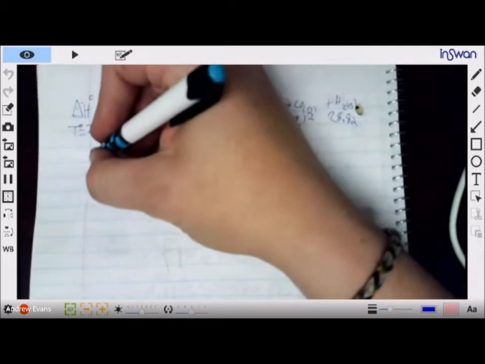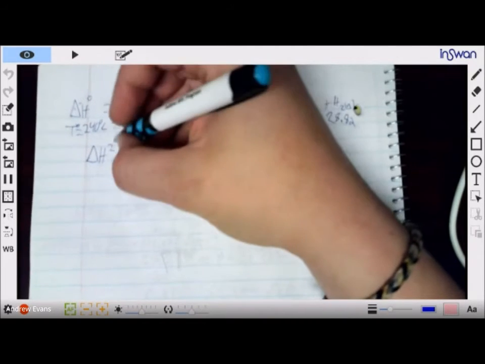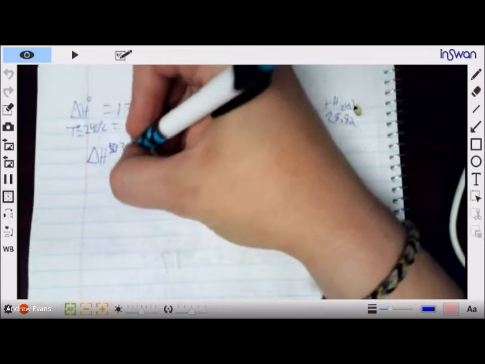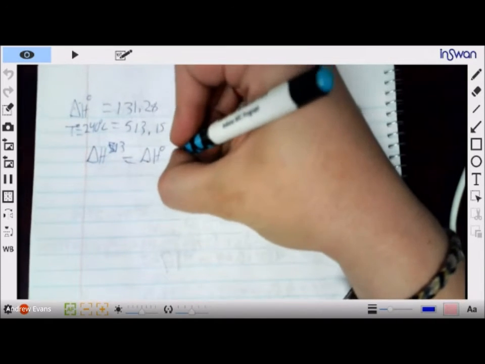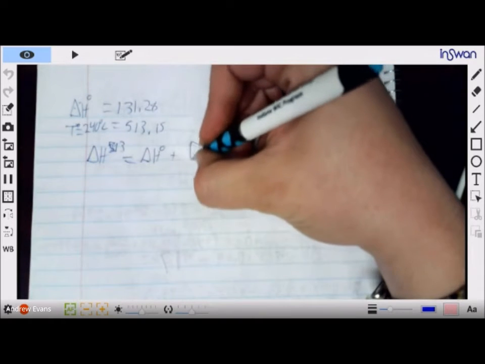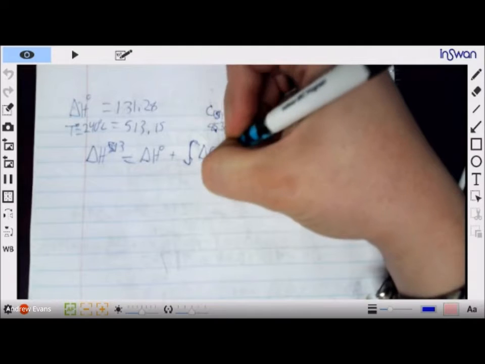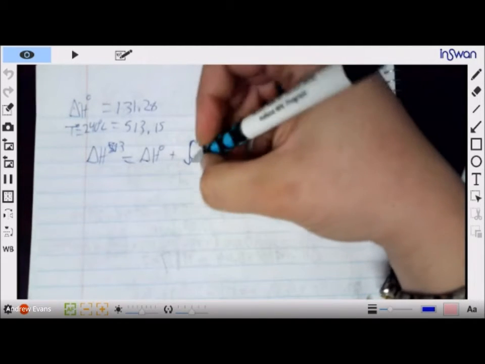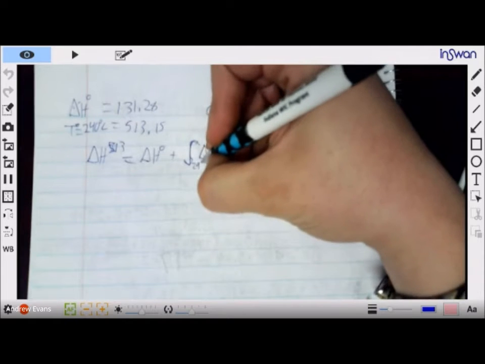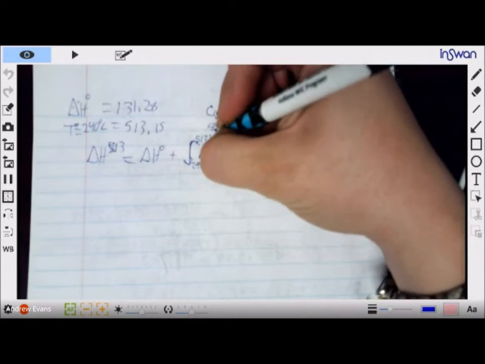So once again, our delta H at 513 is going to be equal to delta H standard plus the integral of our delta C sub P sub M dt from 298.15 to 513.15.